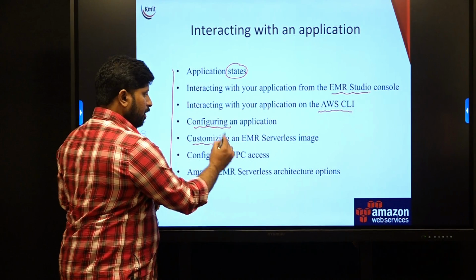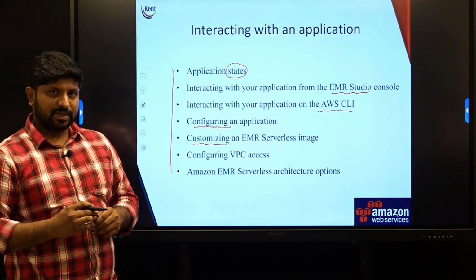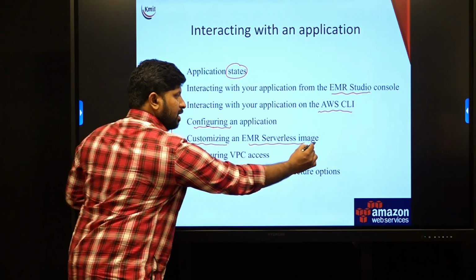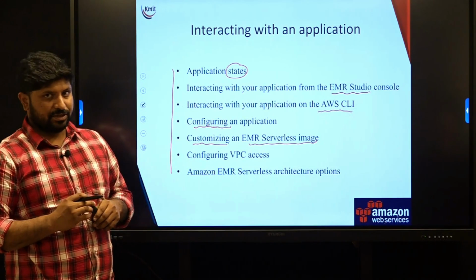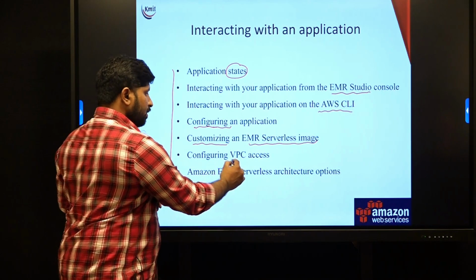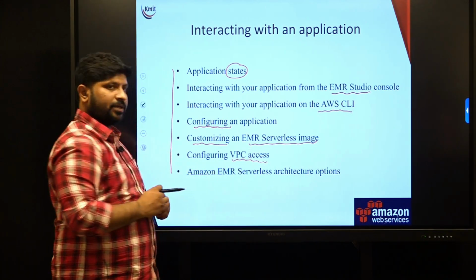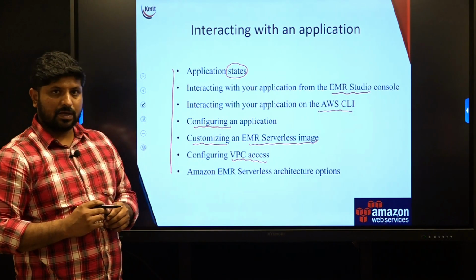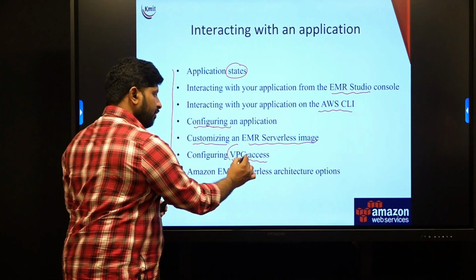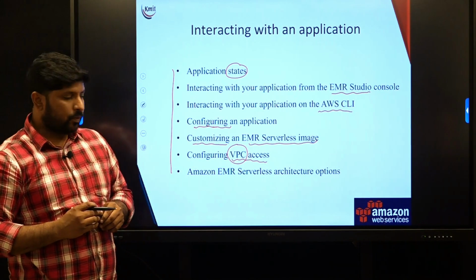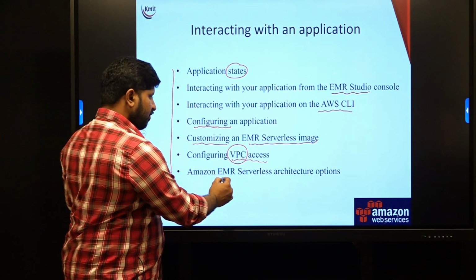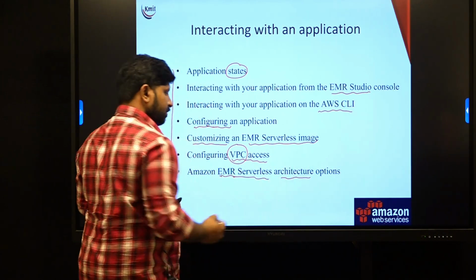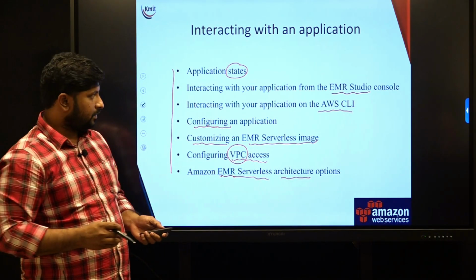And without default settings, we can customize certain things, and we will focus on how we can customize our EMR Serverless image itself. Then what are the other services which can be accessible from EMR Serverless using a VPC, virtual private cloud. And lastly, we will be focusing on how we can change the architecture option on EMR Serverless.